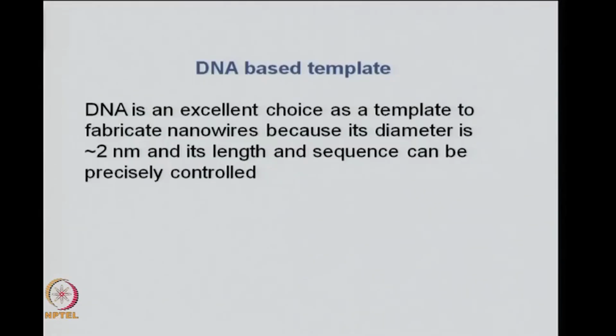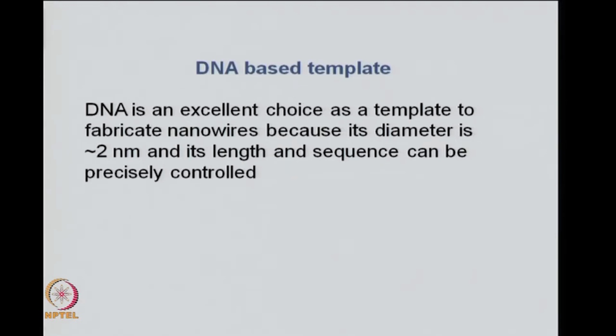So, there are two wires going in a helical fashion, and this helix forms a very nice template for doing further synthesis, and you can fabricate nanowires. If you consider this DNA as a wire, it has a diameter of around 2 nanometers, and the length of the DNA can be very large.